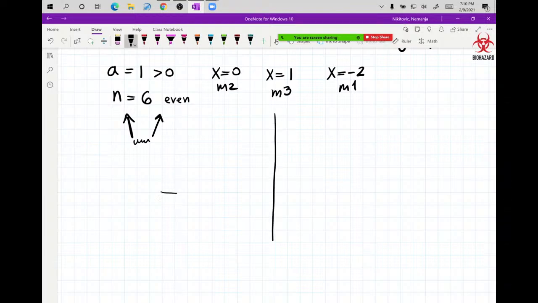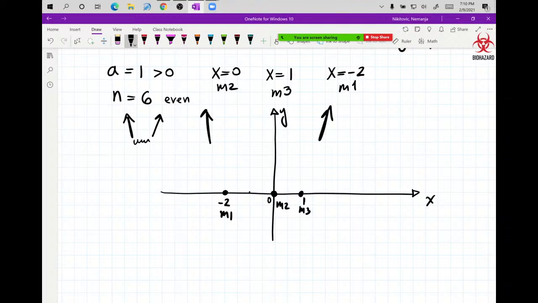Let's see the graph. I have 0, which is M2. I have 1, which is M3. And I have -2, which is M1. And I have this. So now we fit the graph, connect the dots. M1, pass through.